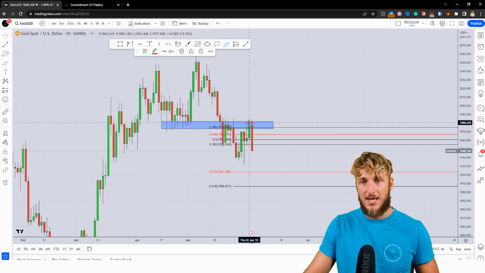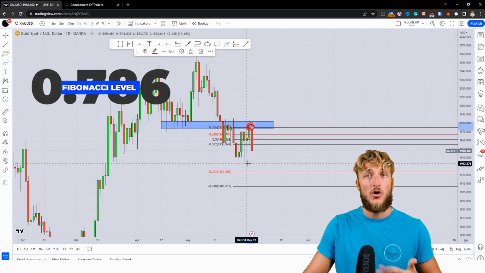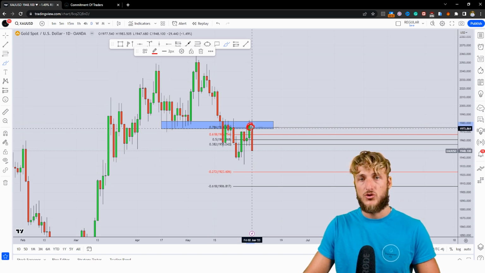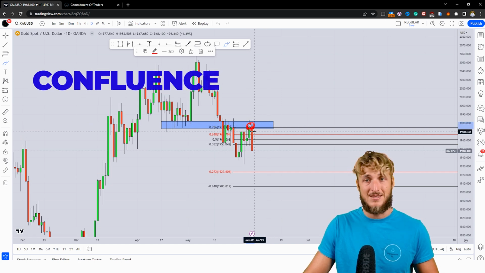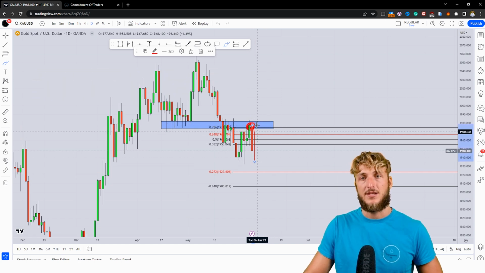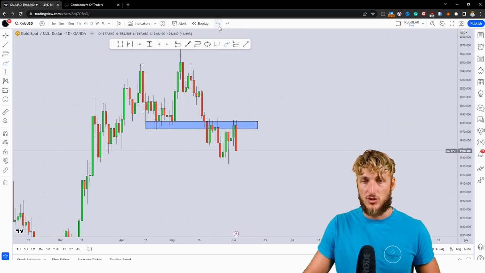What we can see is that the Fibonacci level that the market is currently rejecting is the 0.786 of the Fibonacci taken on the daily impulse, which was also lining up with this previous support and resistance, creating a confluence of support turned resistance at this level, where we could expect this market to reject to the downside, and that is exactly what the market is currently doing.